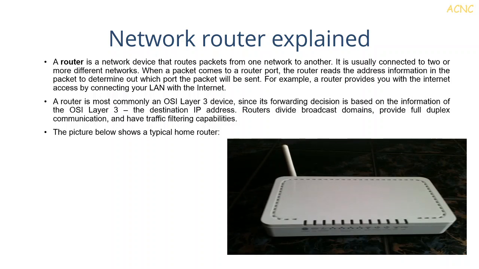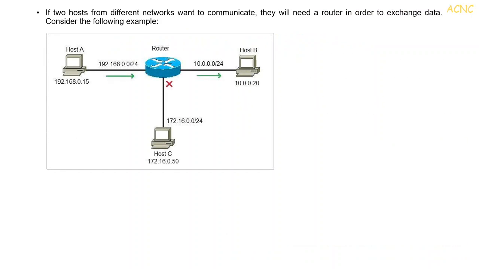The picture below shows a typical home router. This is a typical home router. You can see it is a modem which we can use for our broadband connection, our fiber broadband connection. So this is a router picture. If two hosts from different networks want to communicate, they will need a router in order to exchange data.